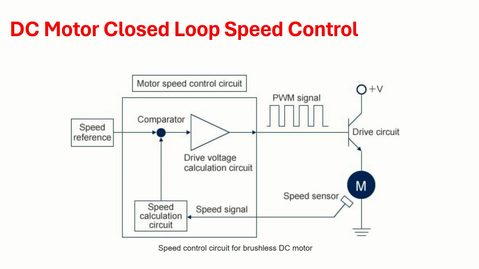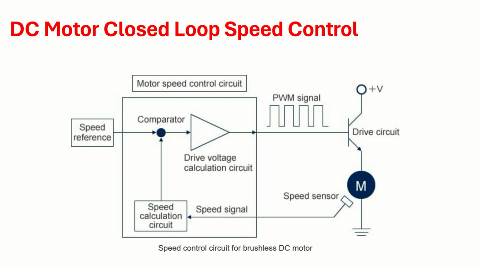What is the guarantee that whatever you have generated will give you the corresponding output, given overloading or some errors and losses in the system? There is a possibility that your desired value might not be at the output. That's the reason most systems are closed loop in nature.